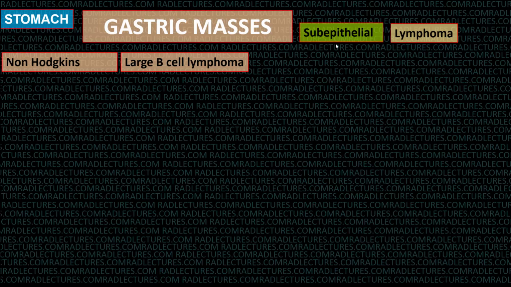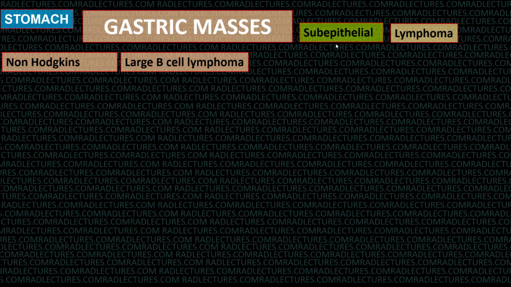Now, stomach lymphomas can occur because of secondary involvement of the stomach. If there is lymphoma elsewhere, then the stomach may get involved. Or it can be a primary lymphoma arising from the stomach itself.